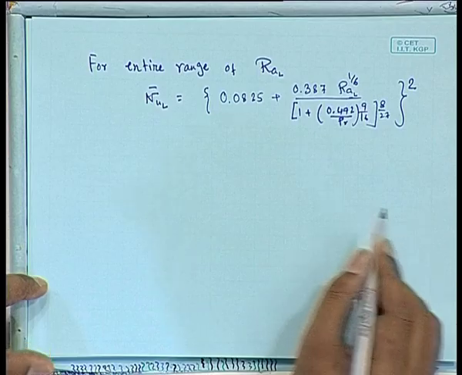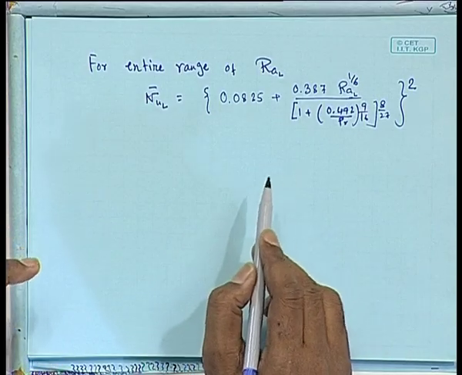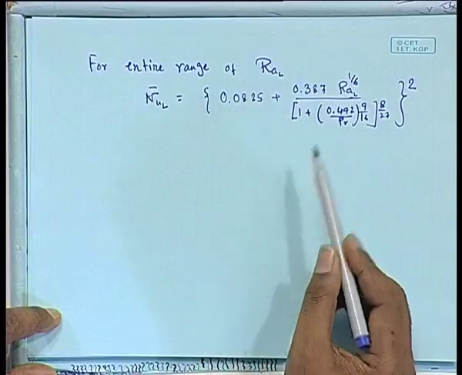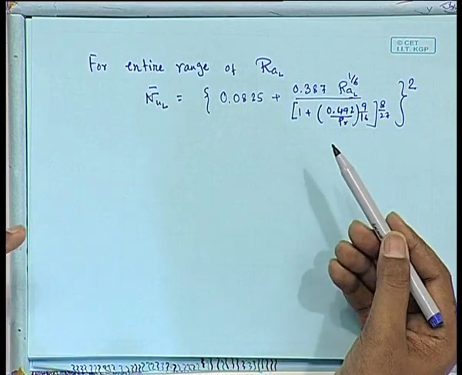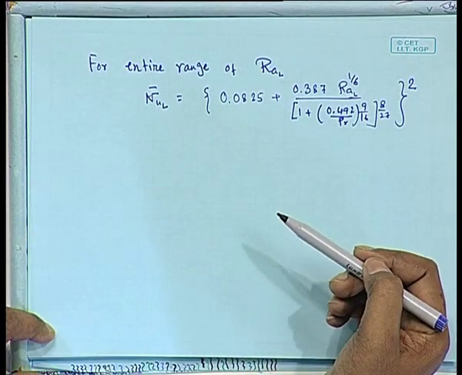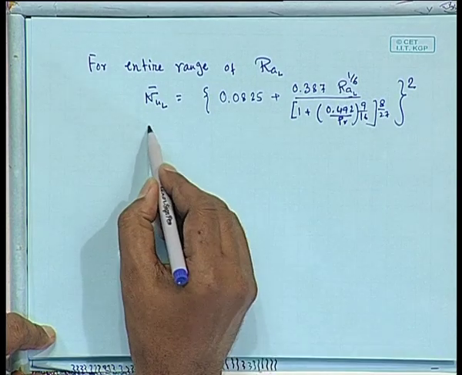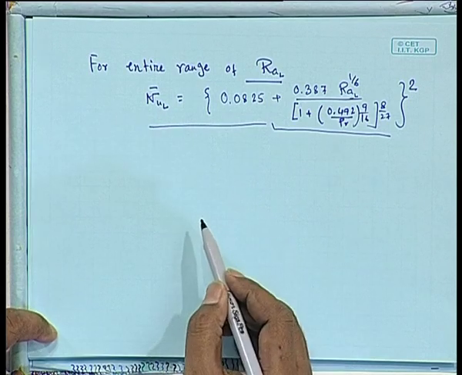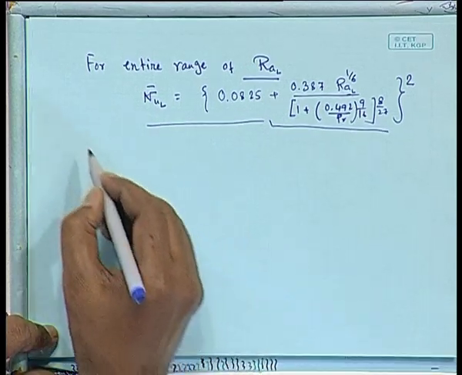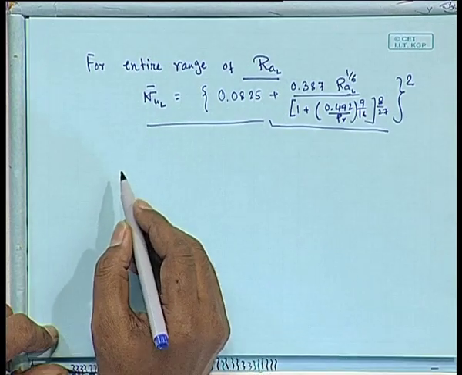It is a complicated one, but this kind of correlation can be fitted to all the data that you can have for Rayleigh number greater than 10 to the power 9 and less than 10 to the power 9. So, in one correlation you can cover the full range of Rayleigh number. That goes for the vertical plate.